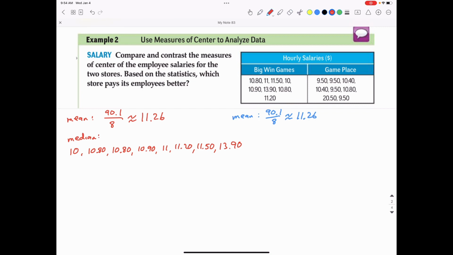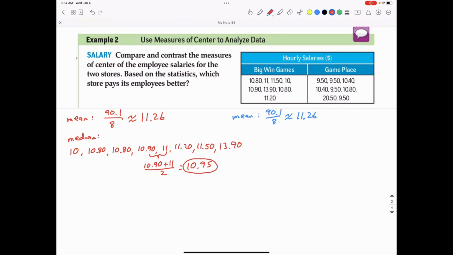Just like in the first example, there are 2 numbers in the middle, 10.90 and 11. To find the median, we would take 10.90 plus 11 and divide it by 2, which gives a median of $10.95.